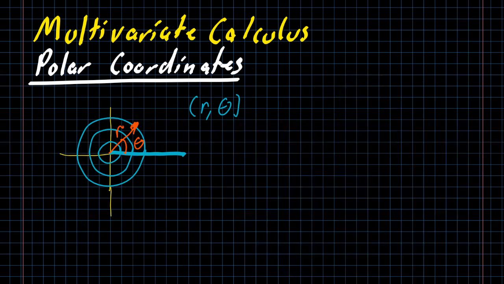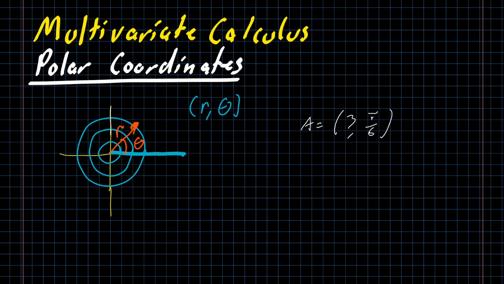All right, let me go ahead and get my head out of the way, and let's start looking at a couple of specific points. So for example, if I want to plot the point 3 and pi over 6, right? Pi over 6, remember, is something like 30 degrees.